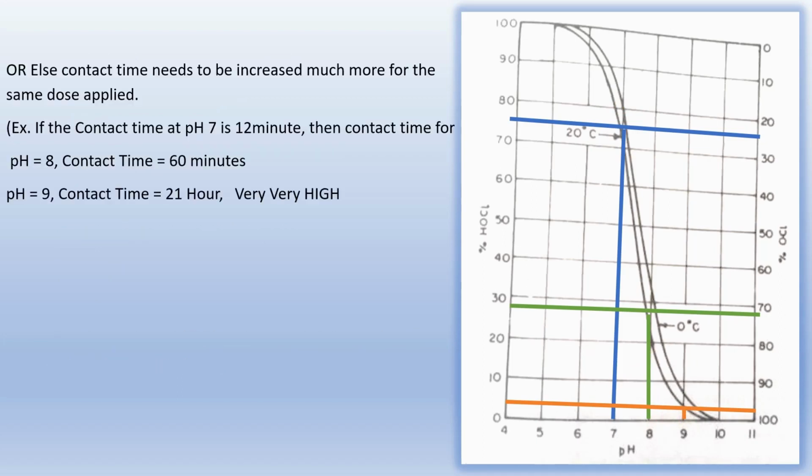Or else we have to provide a contact time much greater than the actually needed time. For example, if the contact time at pH 7 is 12 minutes, then the contact time for pH 8 will be around 60 minutes, and for pH 9 the contact time will be around 21 hours, which is very high and not possible.